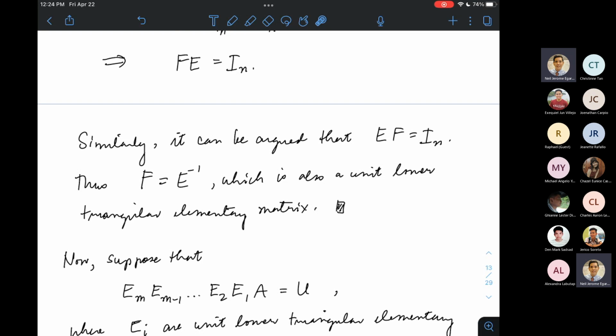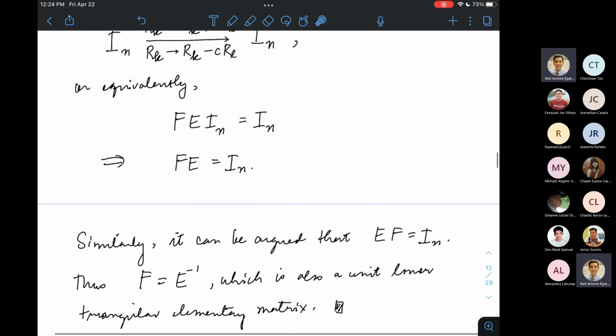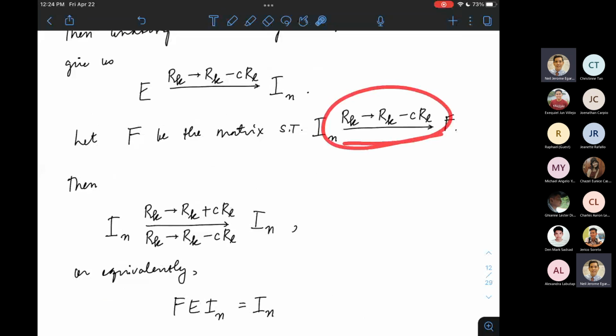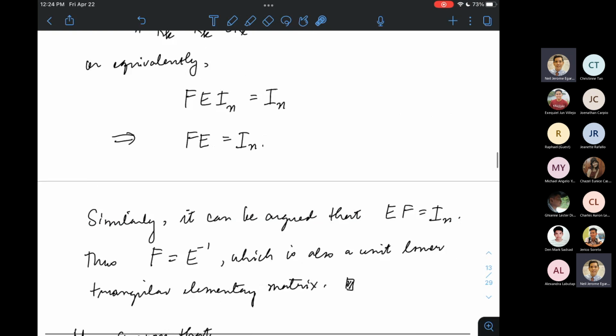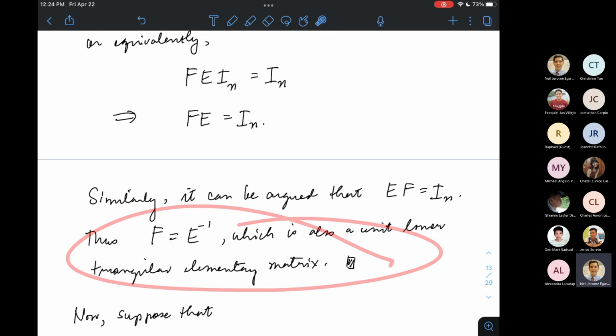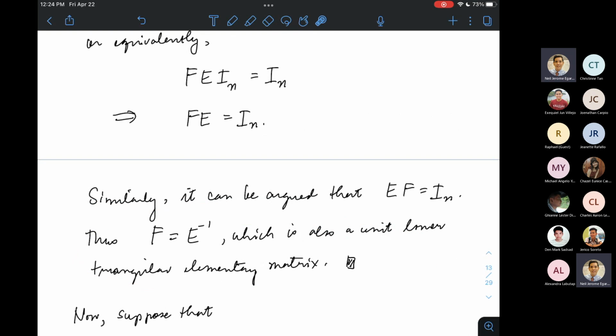So that means only one thing, that F is the inverse of the matrix E, right? But we have seen that F is a row translator, and we know that a row translator is always a unit lower triangular elementary matrix. So that means, really, totoo yung Theorem 7.3.